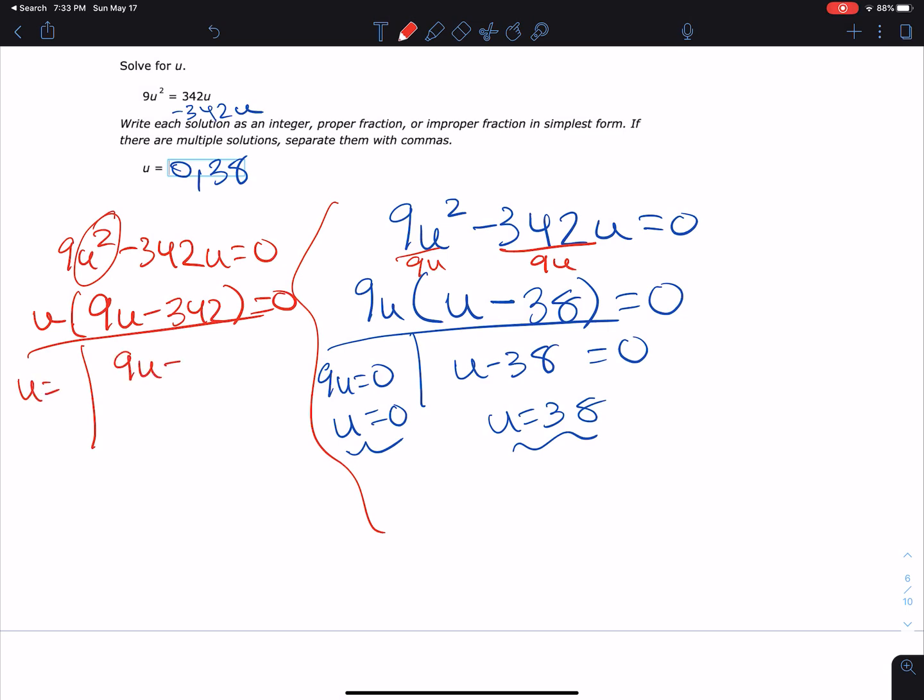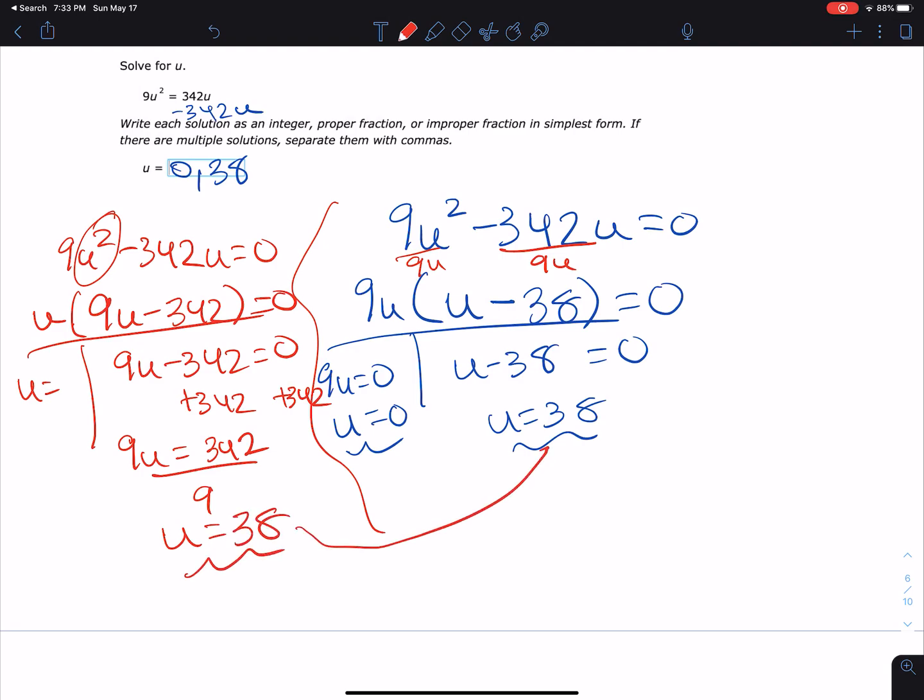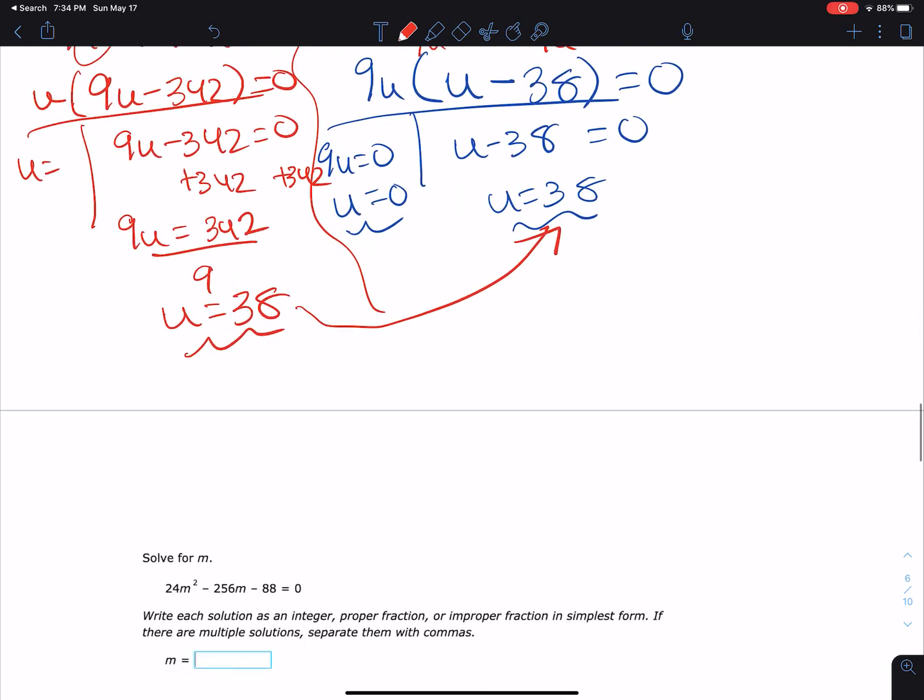Now on the other side, you would just be giving yourself a little bit more legwork, which is fine. So I'm going to add 342. So I have 9u is 342. I'm going to divide by 9, and then u would also be 38, which is the same we got here. So you have options. We love options. Do what works best for you, or go back and forth. Play with your mood.